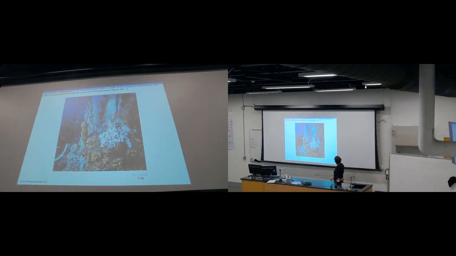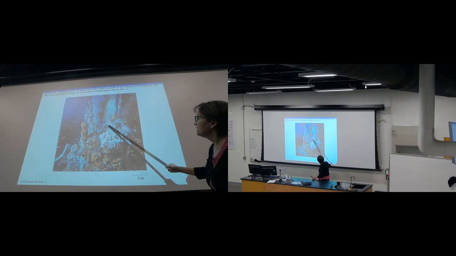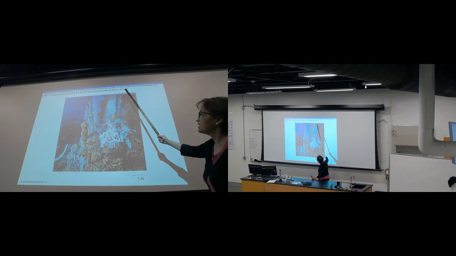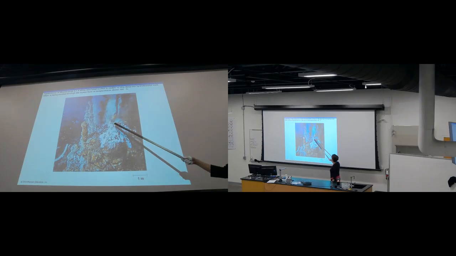And here we have a photograph of a biofilm in the deep sea in a hydrothermal vent. This hydrothermal vent releases water at high pressure and high temperature, and these bacteria can grow around this.